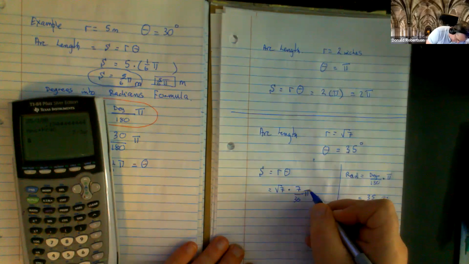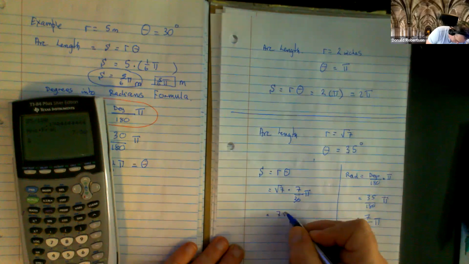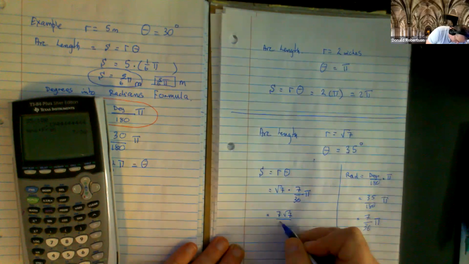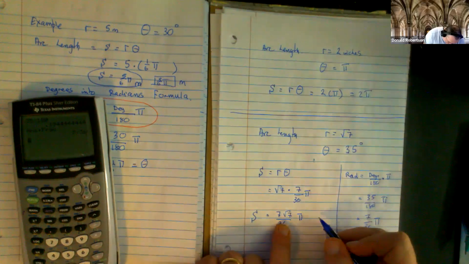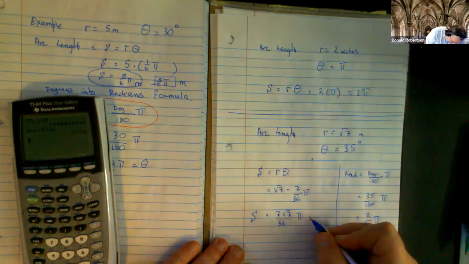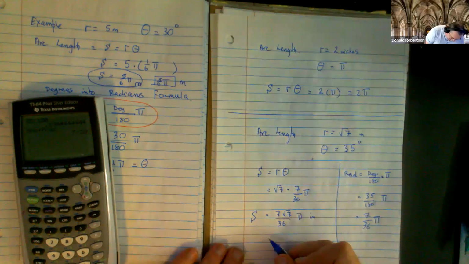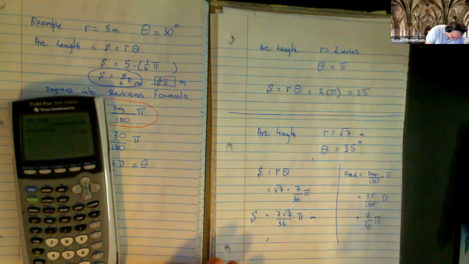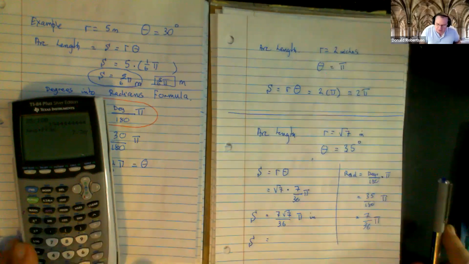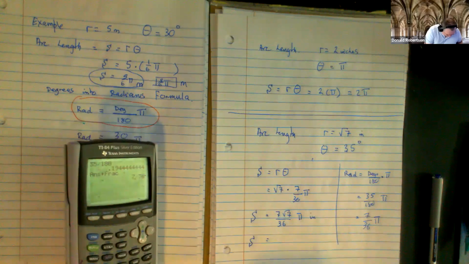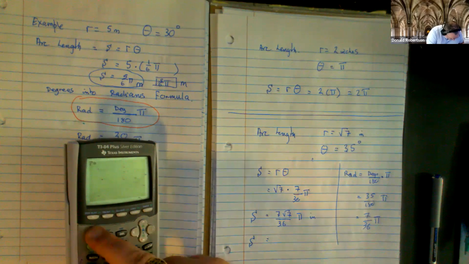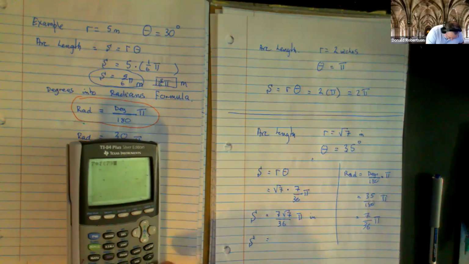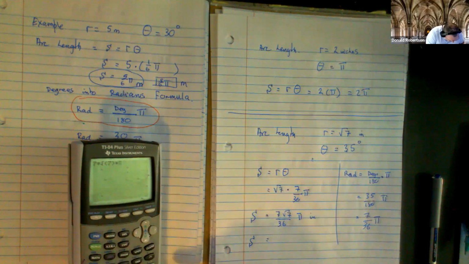7/36 pi. Not really much you can do with the answer. But that would be the answer, and I guess we'll put inches again. So that would be the answer in inches. If they said, give me the answer to say 3 decimal places, we would simply go 7 times square root of 7 times pi, and then divide it by 36.